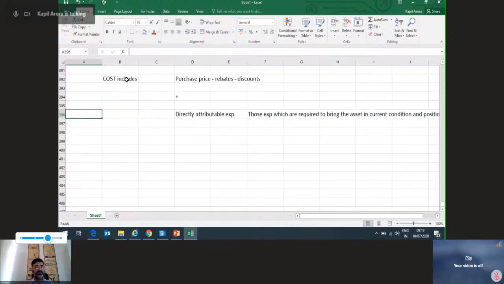For example, we just discussed that if we are buying a property, I have to pay fees to agent, fees to legal person to buy the property, right? Because they have to do the paperwork. Without paperwork, property cannot be mine. So I have to involve the legal person. I have to involve the agent.